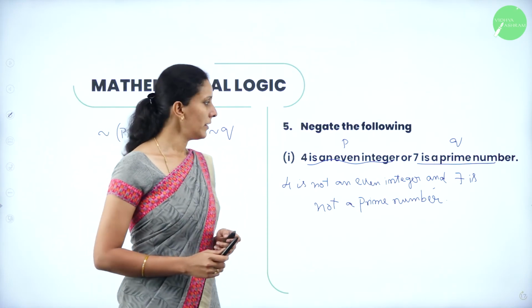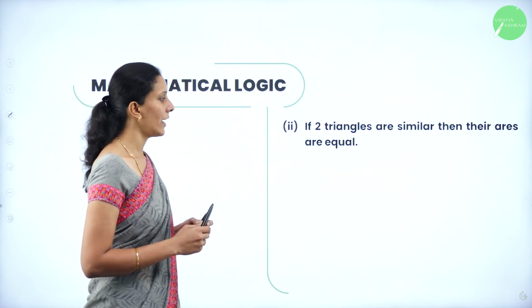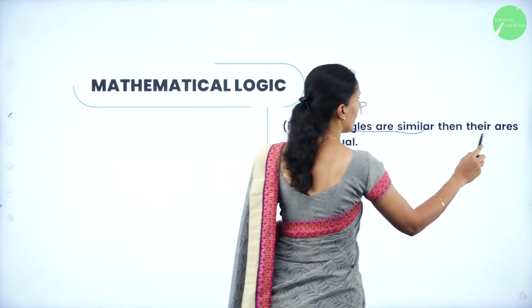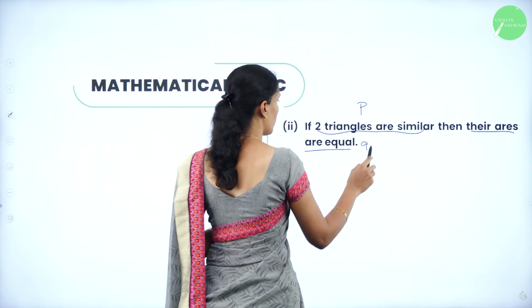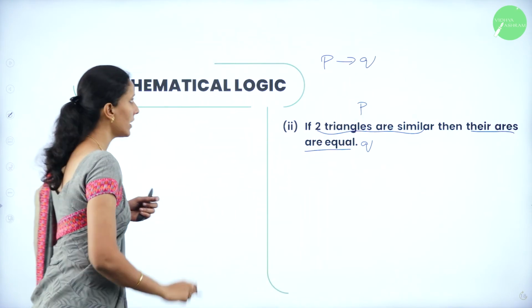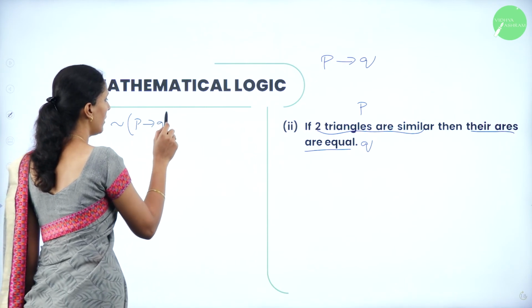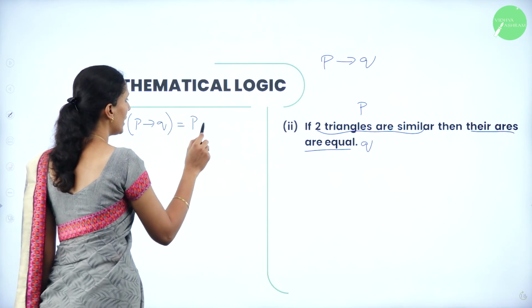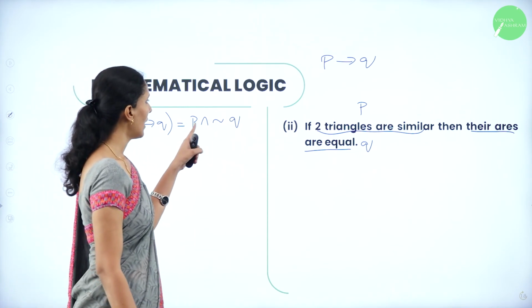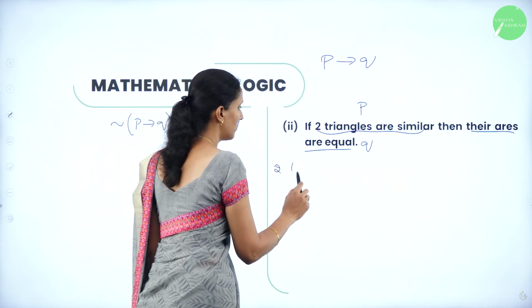So the next statement, if 2 triangles are similar, then their areas are equal. So 2 triangles are similar is P, areas are equal is Q. But we have here P implies Q, an if-then statement. So the De Morgan law says when you are negating the conditional statement, that must be equal to P disjunction negation of Q. So therefore, write P as it is: 2 triangles are similar.